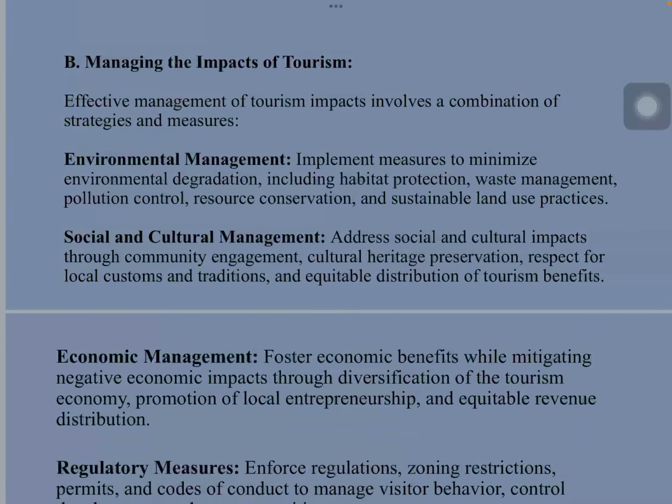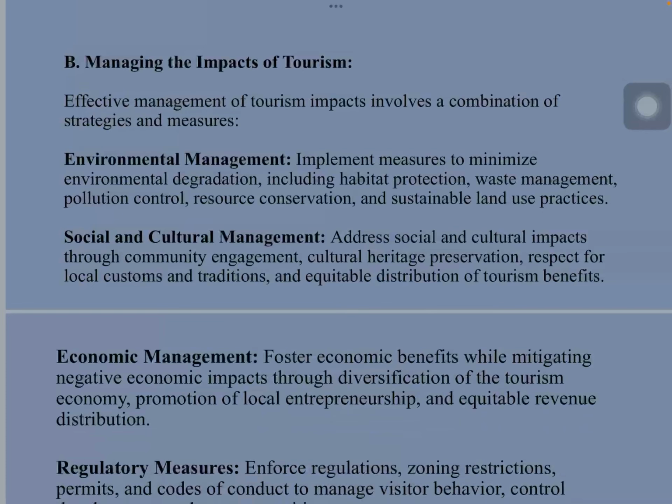Okay, so managing the impacts of tourism. Environmental management: implement measures to minimize environmental degradation, including habitat protection, waste management, pollution control, resource conservation, and sustainable land use practices.